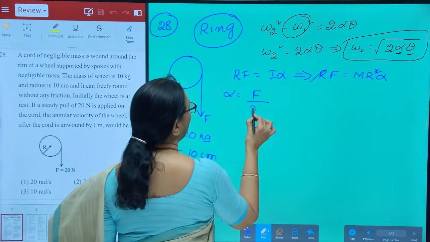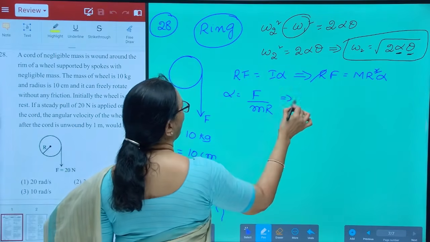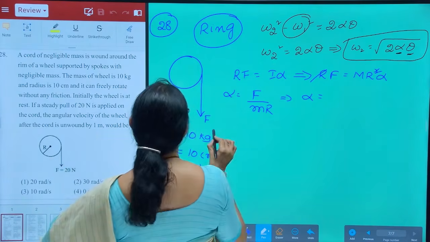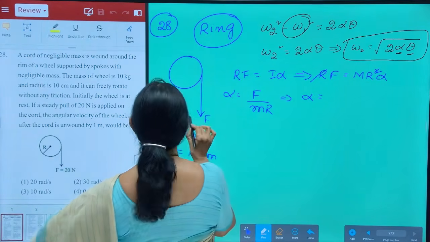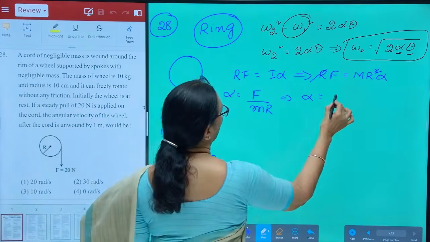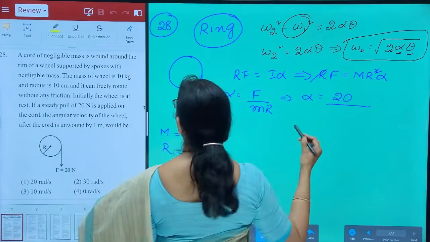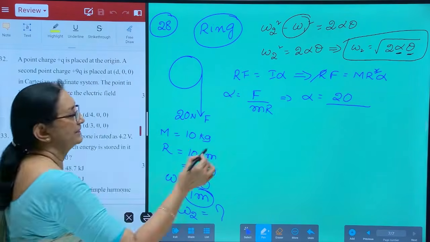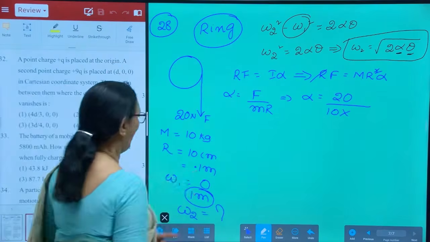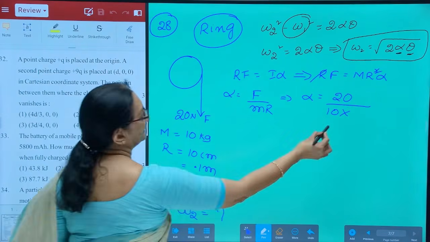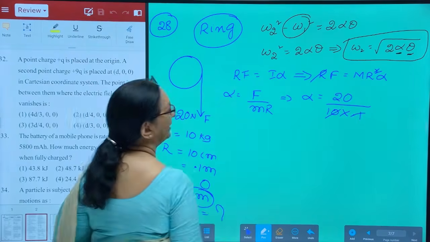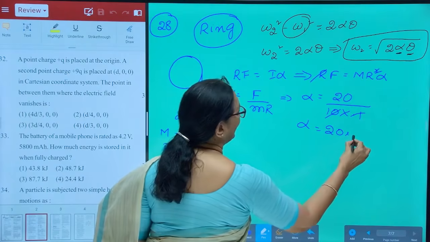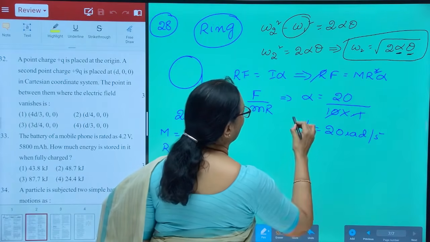The force is given as 20 Newton in this diagram. So 20. Mass is given as 10 kg, so this is 10. And R is given as 0.1. 10 into 0.1 is 1. So α is equal to 20 radian per second square.